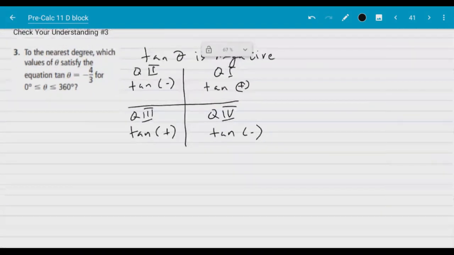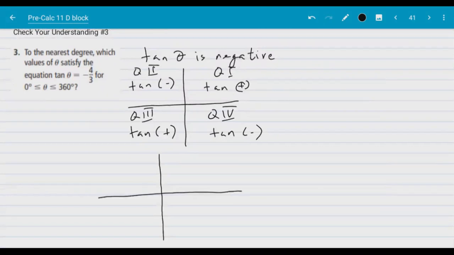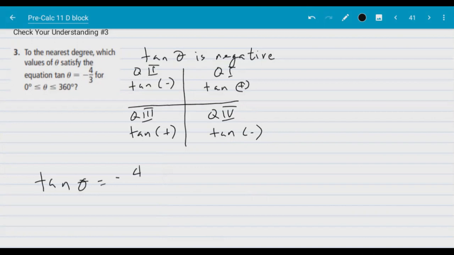Let's take a look at this. Tangent theta is equal to negative 4/3. I'm going to do this using a calculator first, and then I'm going to show you a sort of graphical way of doing it. So if tangent theta equals negative 4/3, use your calculator to find theta.